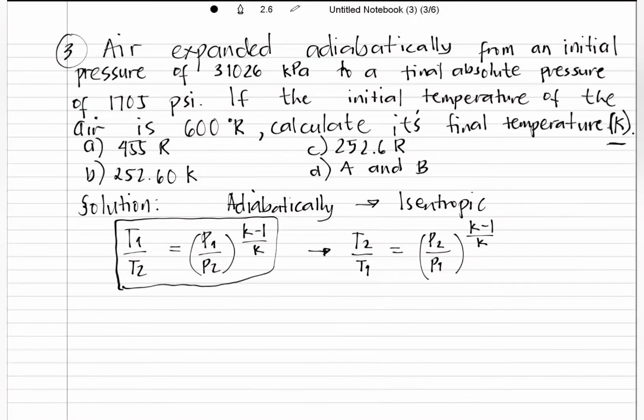Okay? So dito may binigay na temperature at point 1. So hiningi is final temperature, so T sub 2 over yung T sub 1 natin is 600 degrees Rankine. So naka-absolute na yan, so wala nang problema dyan. Equals to P sub 2 natin over P sub 1. So yung P sub 2 natin is 1,700 PSI.